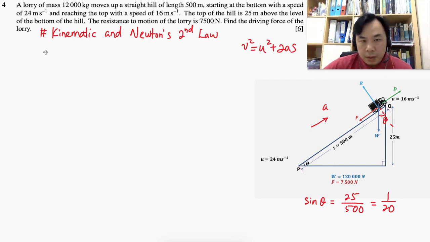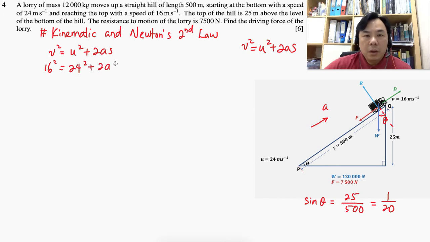So I'm going to apply this here. Let me rewrite that again. Okay, so my final speed is here. My initial is here. I'm interested to get the acceleration. Distance is 500. Okay. So from here, I'm actually getting the 1000 a here.